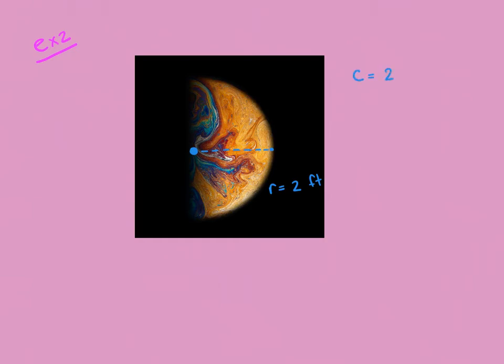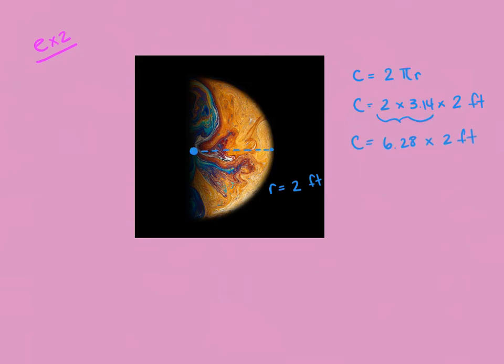C equals circumference equals 2 pi r. Therefore, circumference is 2 times 3.14 times the radius, which is 2 feet. And when you multiply 2 times 3.14, it's 6.28 times 2, and then feet.